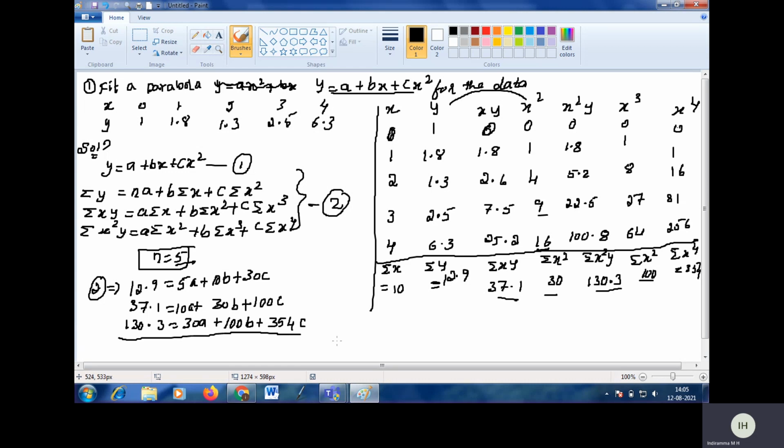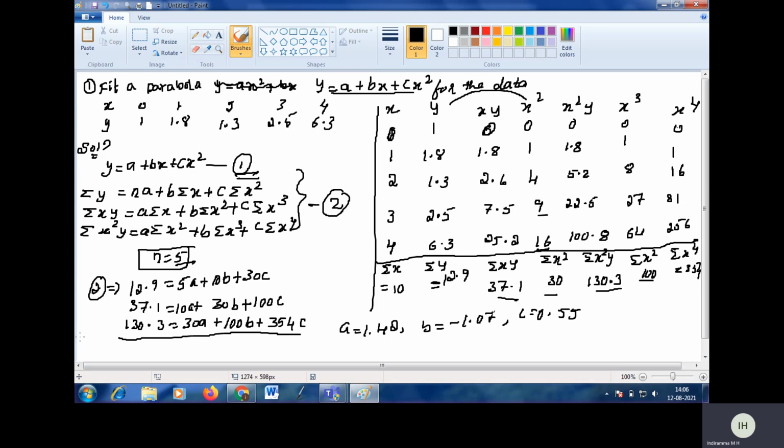So we obtain A is equal to 1.42, B is equal to minus 1.07, and C is equal to 0.55. Substitute the A, B, C values in equation 1, and that will give us the best fitting curve for the given data.